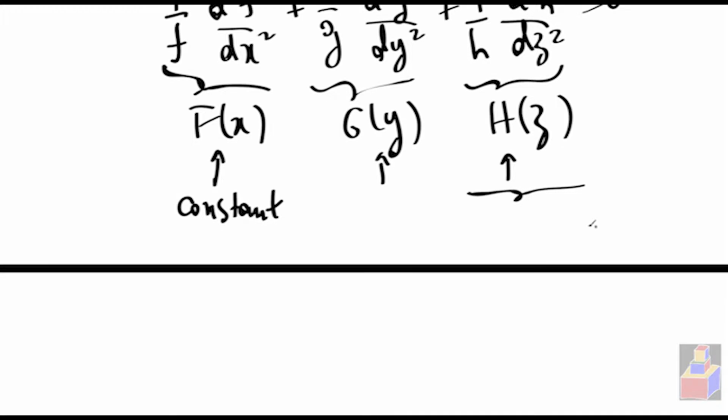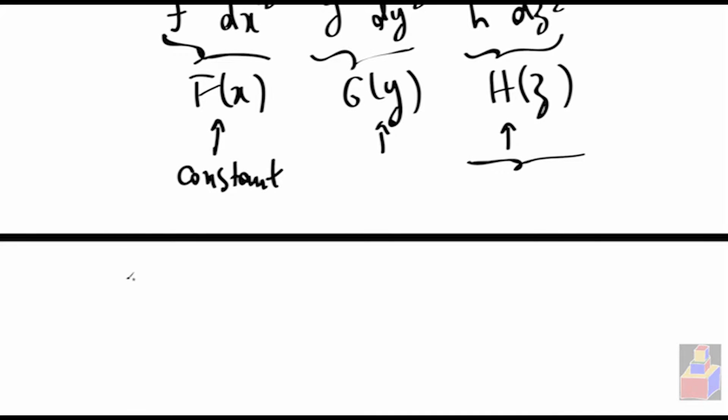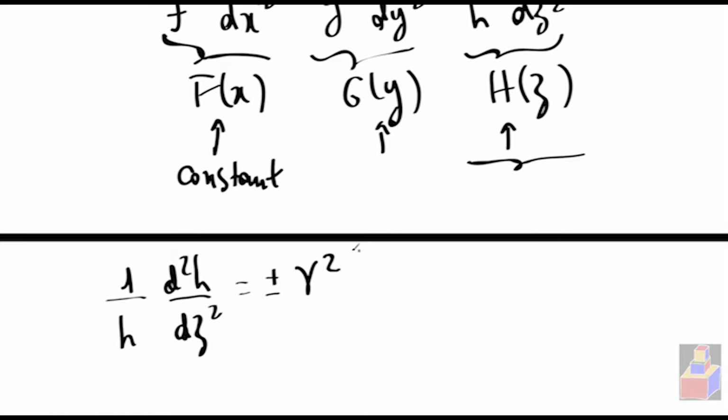So, for instance, choose a real constant: you can choose this to equal a certain constant, let's say a positive number, plus or minus gamma squared, gamma being a real number.